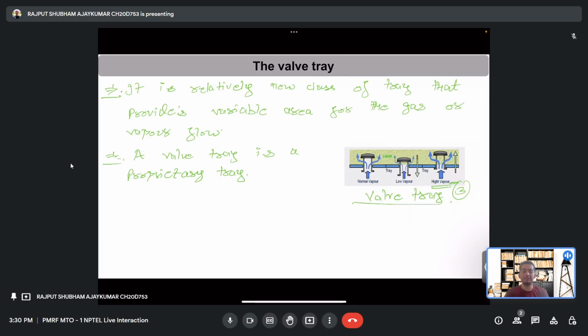Now the other thing which we have already gone through in the lecture notes is the downcomer and weirs. Like I said, in the distillation column, if the liquid is flowing from one tray to another tray, it has to come through downcomers and weirs. So the downcomer allows the liquid to flow from one tray above to another tray below.